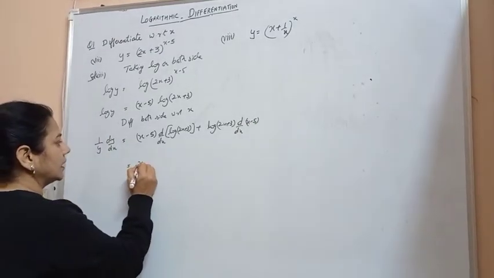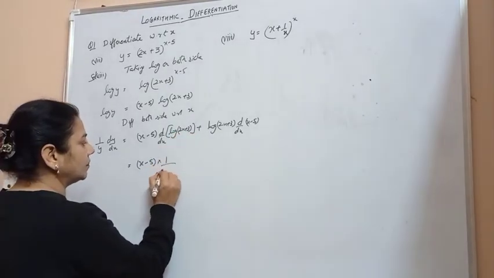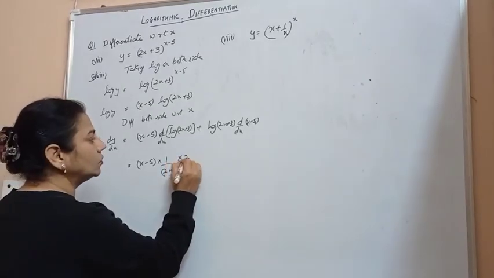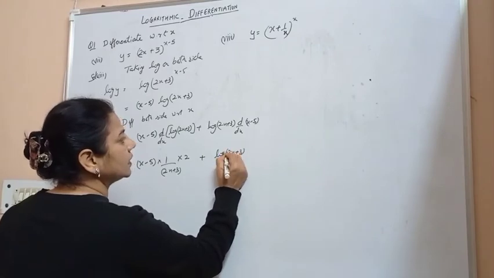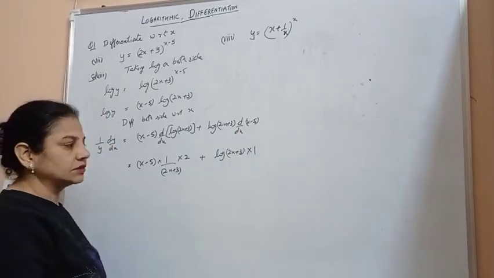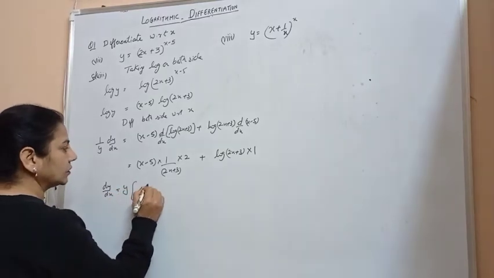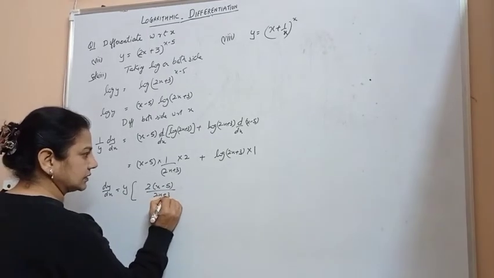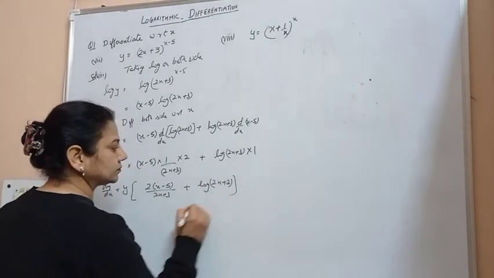So I get here x minus 5. The derivative of log 2x plus 3 is 1 upon 2x plus 3 into derivative of 2x plus 3, which is equal to 2 only, plus log 2x plus 3 into derivative of x minus 5 is 1 only, because derivative of x is 1 and 5 is 0. So I get dy by dx as y times 2x minus 5 upon 2x plus 3 plus log 2x plus 3.